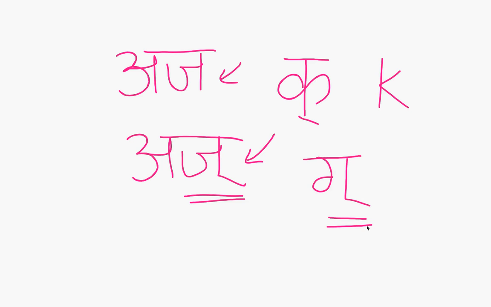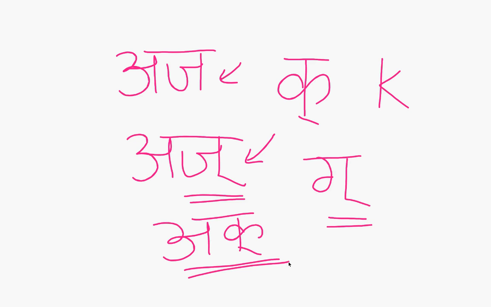So when we write aj or ag or ak, what are we saying there? We are saying that we are pronouncing the consonant there. But practically and by definition it is not the pronunciation of the consonant, because consonants cannot be pronounced. They need a vowel. So when we try to pronounce ak, that is an approximation.